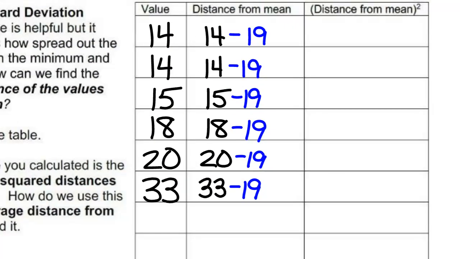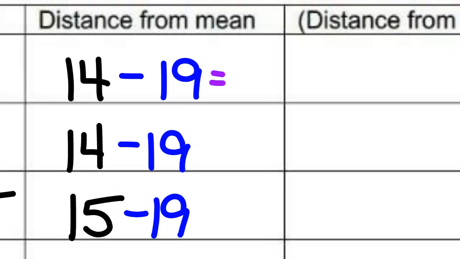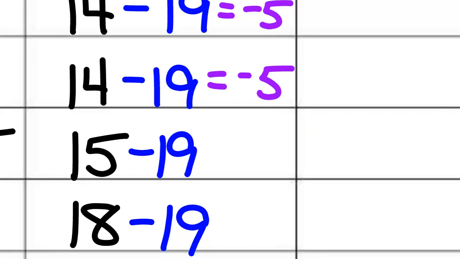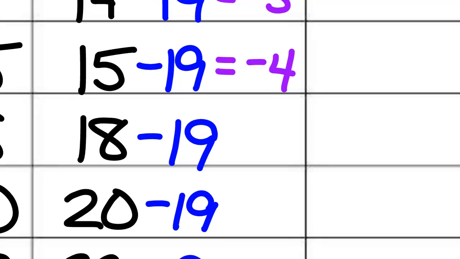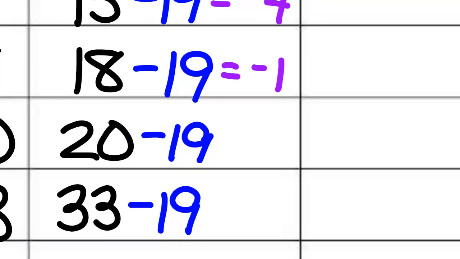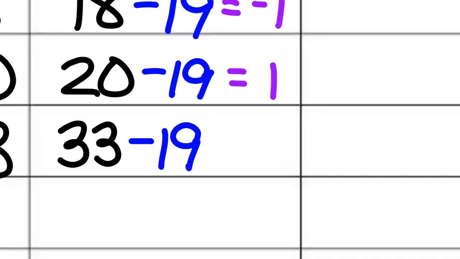So when I do that, I get -5, -5, -4, -1, +1, and what is that, 24? No, 14.